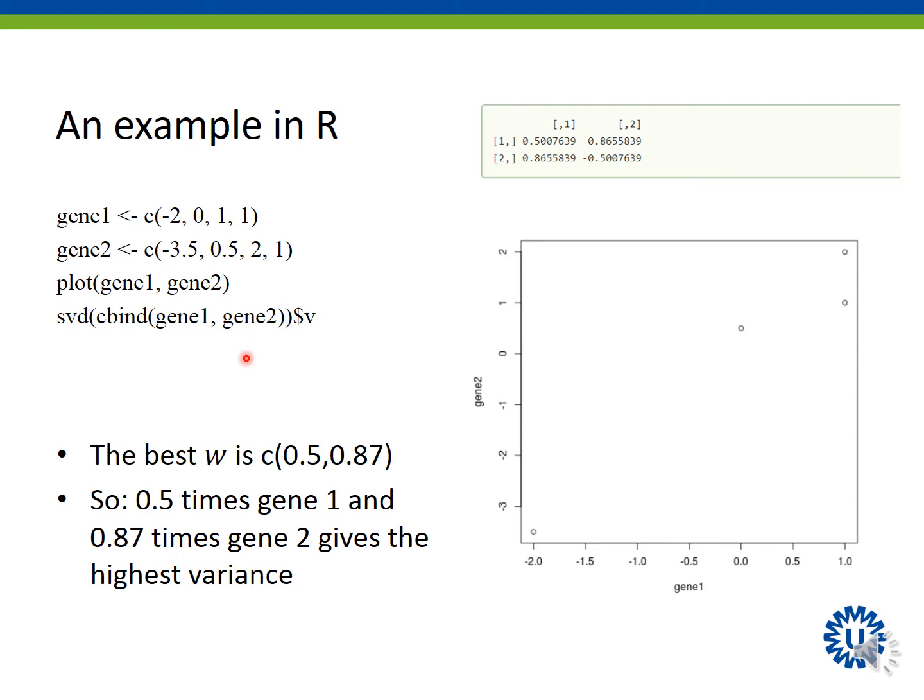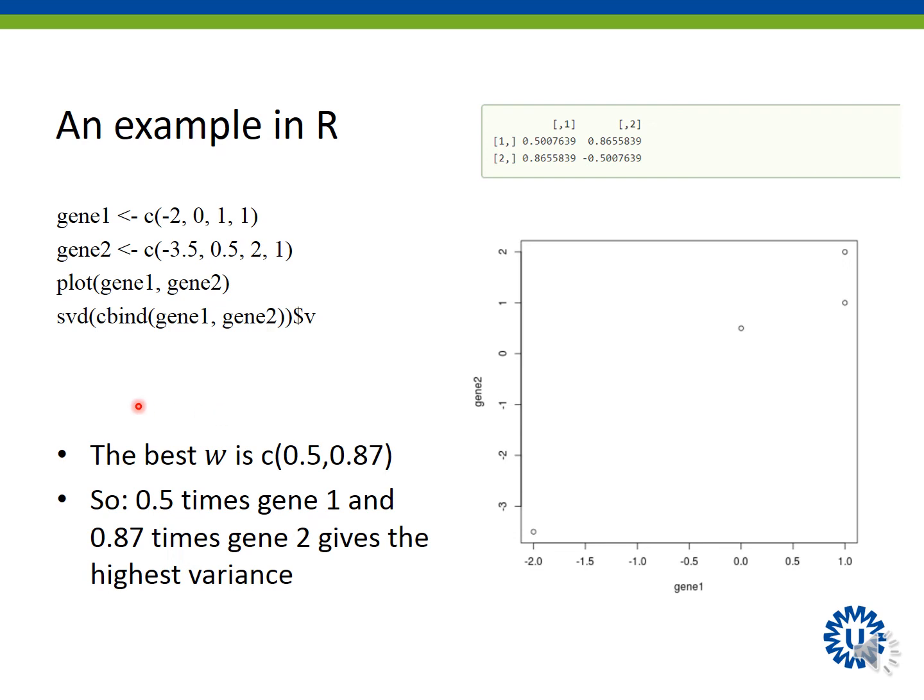Now, how do you calculate the principal components of this data set? So first, the data set is given by the combination of gene 1 and gene 2. So you basically put gene 1 in the first column and gene 2 in the second column. And you can do that in R using cbind. So cbind gives you a matrix where gene 1 is the first column and gene 2 is the second column.